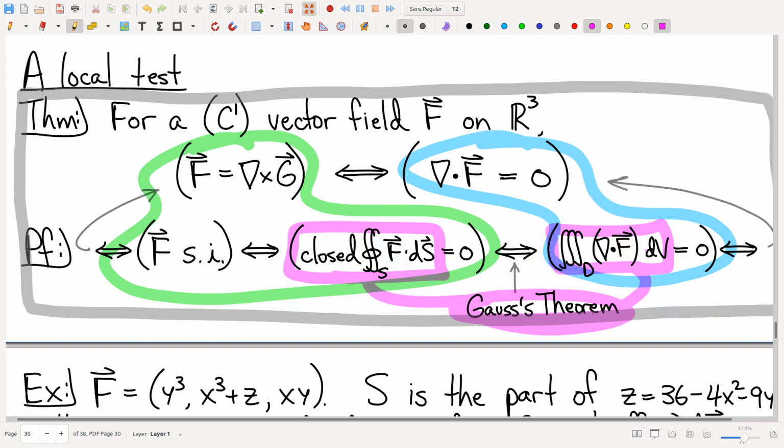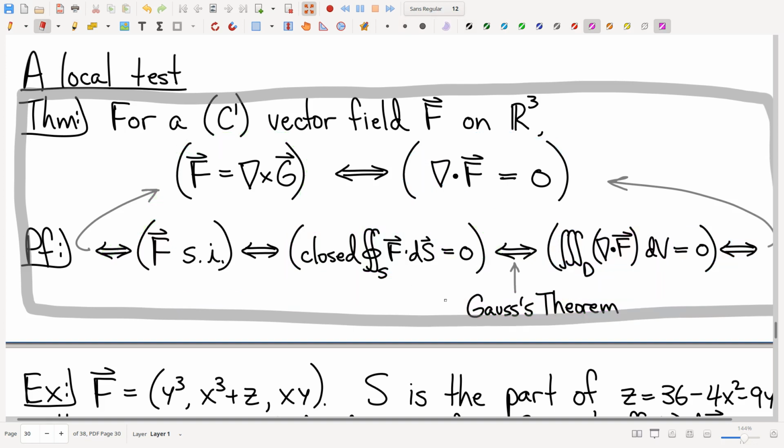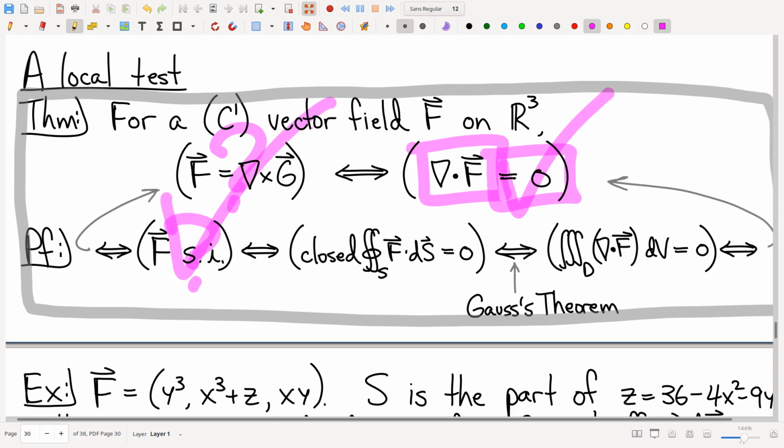If you want to know, is my vector field a curl? Is my vector field surface independent? How do I know? How do I tell? Compute the divergence. See if you get 0. If you do, then yes, indeed, you have a surface independent vector field, and feel free to play surface independent games.